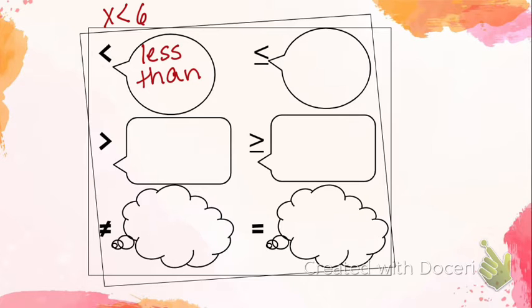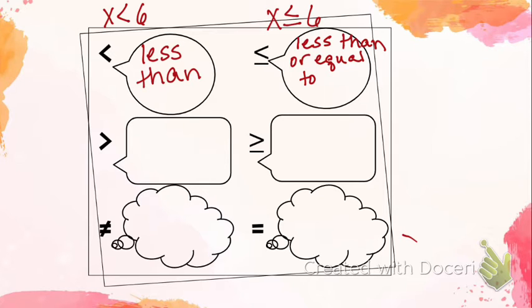It could be negative 18. It could be 5.5, anything less than 6. Now, this one over here across from it says less than or equal to. So what this means is that if I said x is less than or equal to 6, that would mean x could be 6 or anything less.